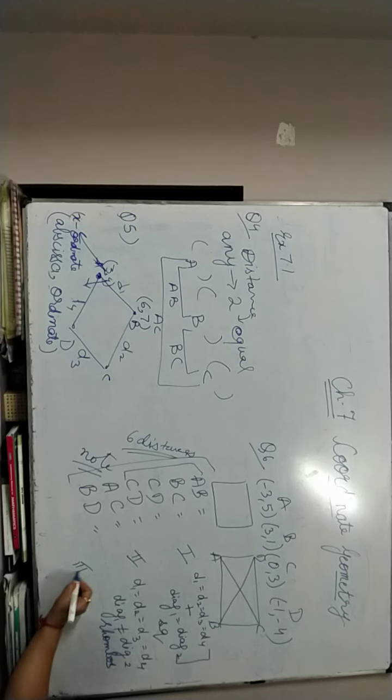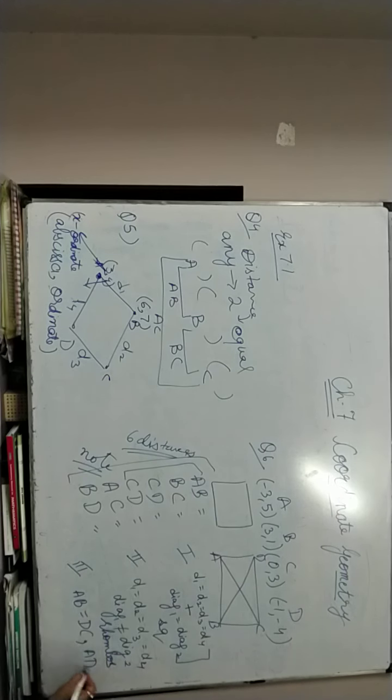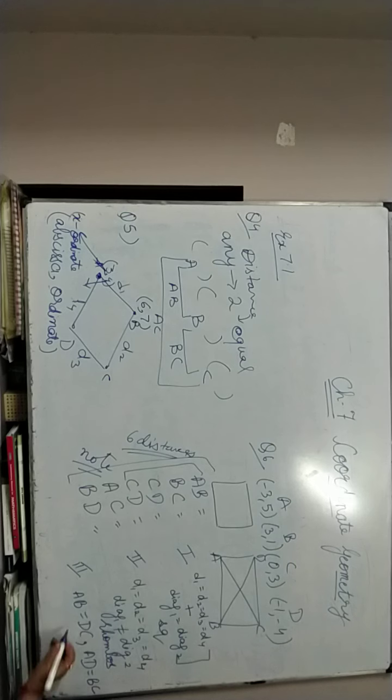Third, if AB is equal to DC and AD is equal to BC and diagonal 1 is equal to diagonal 2, then these are the qualities of a rectangle. You will say that it is a rectangle. And if the diagonals are not equal, then fourth, it will be a parallelogram.